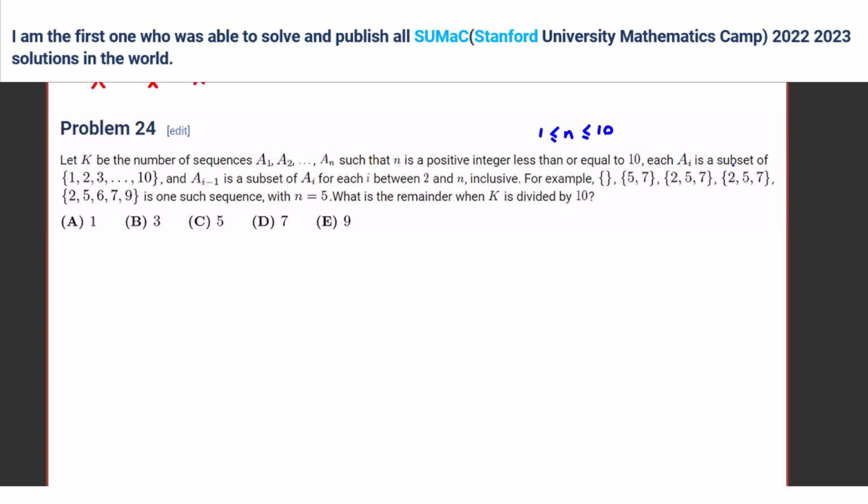Each ai is a subset of 1 to 10. ai minus 1 is a subset of ai for each i between 2 and n. So I told you the most useful idea for this problem is what? Checking a small case.